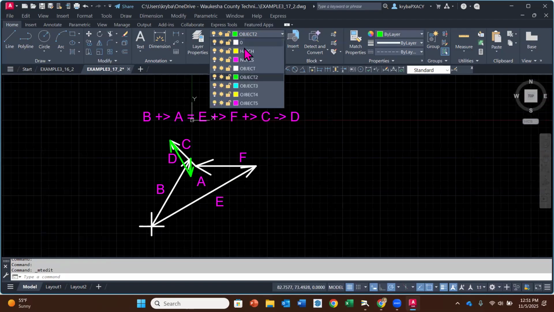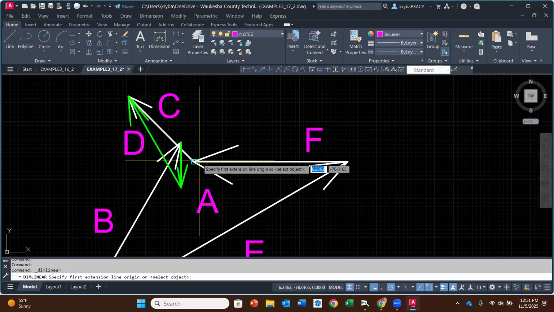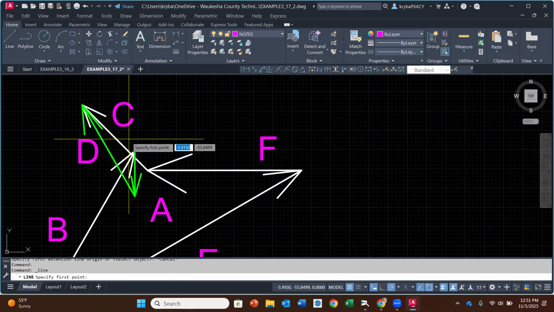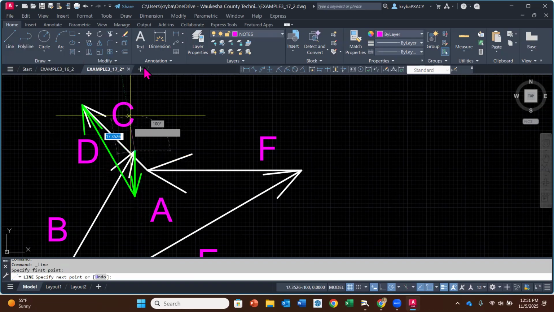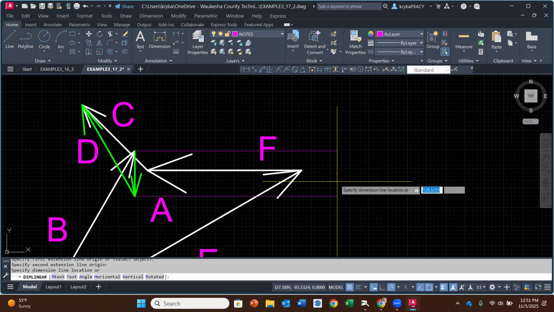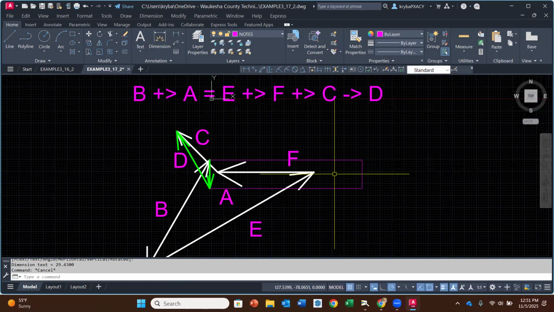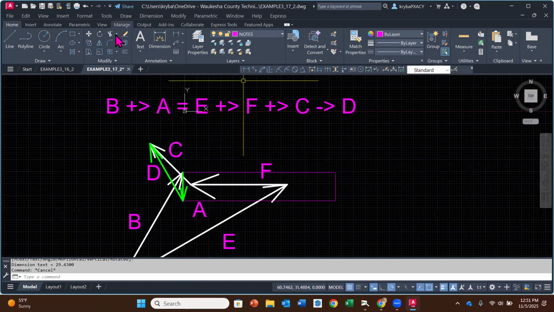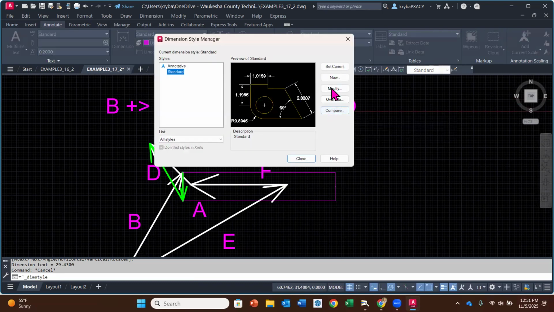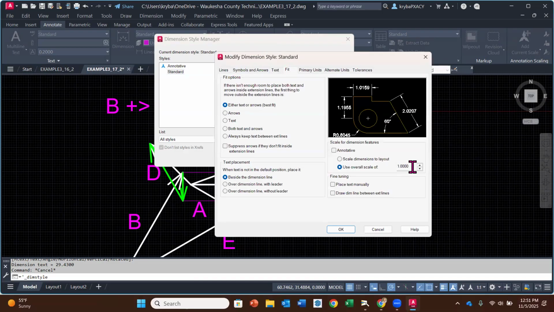Now all we have to do is, on our notes layer, let's do the dimensions or the lengths of each one of these. So I am going to add in my linear dimension for A. Probably have to pull it pretty far over. And I'm going to go back to annotate, go to the dimension style manager, go to modify, fit tab.